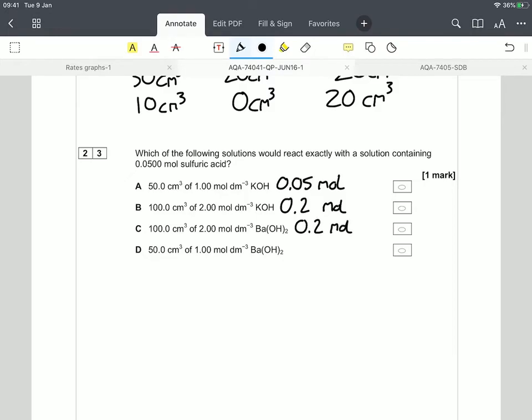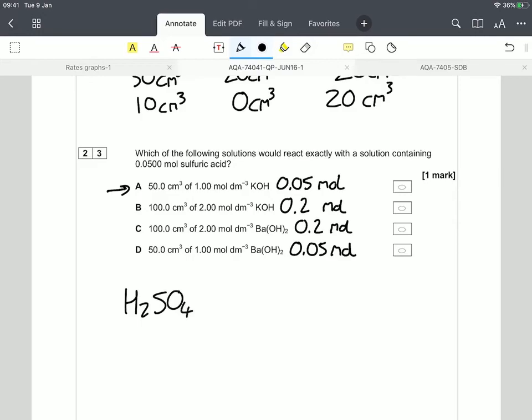And then 50 over 1,000, I was being stupid, I've just realised why, we'll sort it out in a minute, times 1. 0.05 moles. Okay, so I said that this might be the correct answer. I'm totally wrong, so let's talk about why.